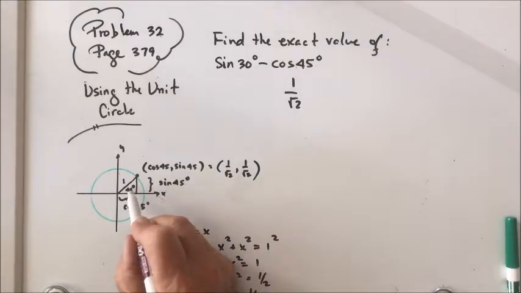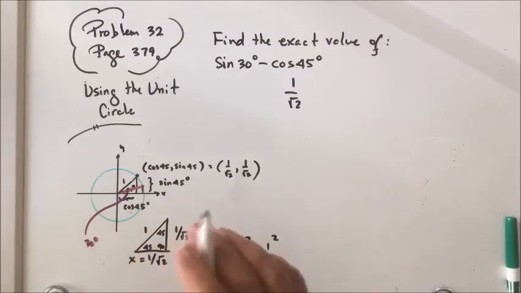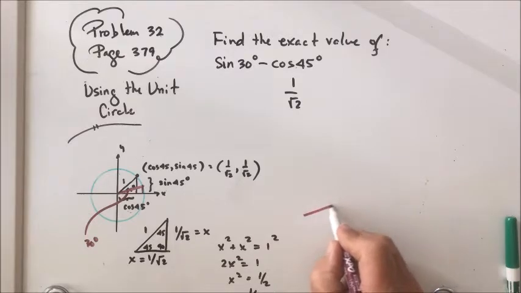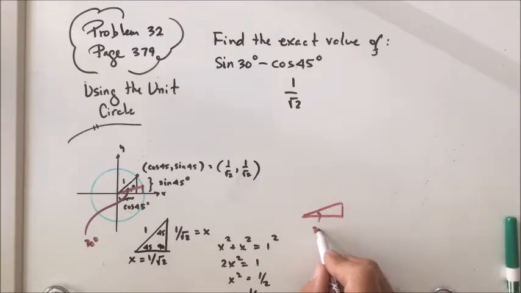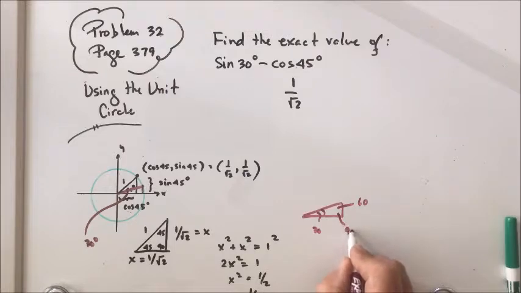Maybe I won't make too big a mess if I draw this triangle now with this angle 30 degrees. I'm just going to pull this little special triangle out. It's got an angle of 30 here, an angle of 60 here, and an angle of 90 there.